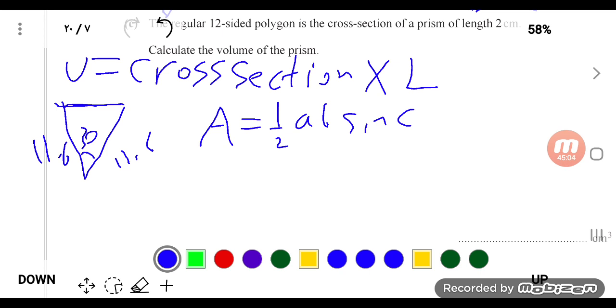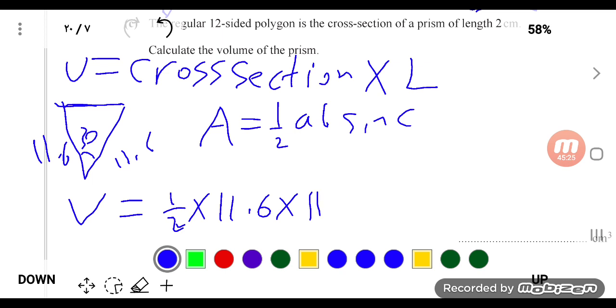So now I want to find the volume. As we said, volume is cross-sectional area, which is 12 triangles like this one. So I will multiply the area of a single triangle, half times 11.6 times 11.6, half times side times side times sine 30.